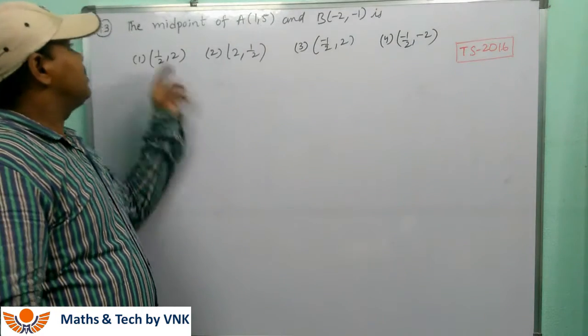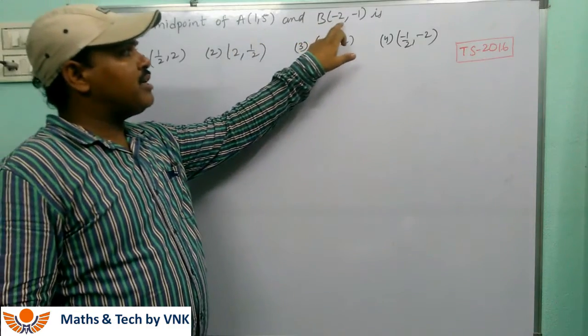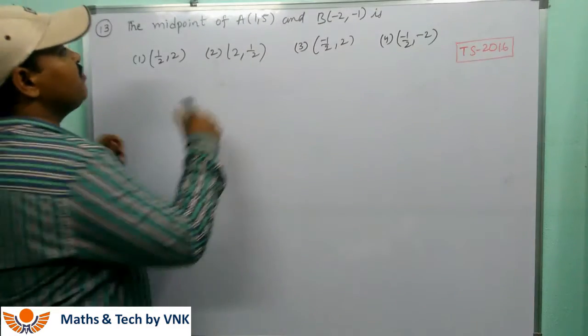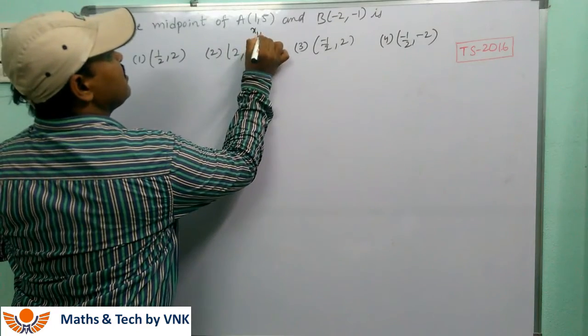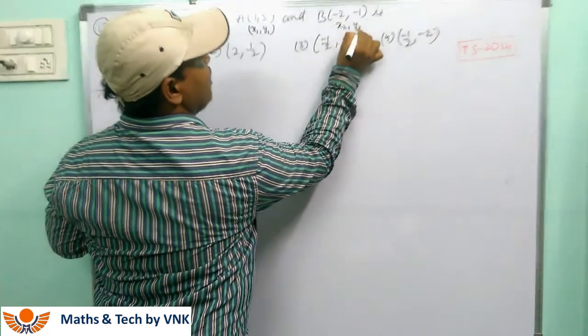Next question is, the midpoint of A (1, 5) and B (minus 2, minus 1) is. So let the given points be (x1, y1) and (x2, y2).